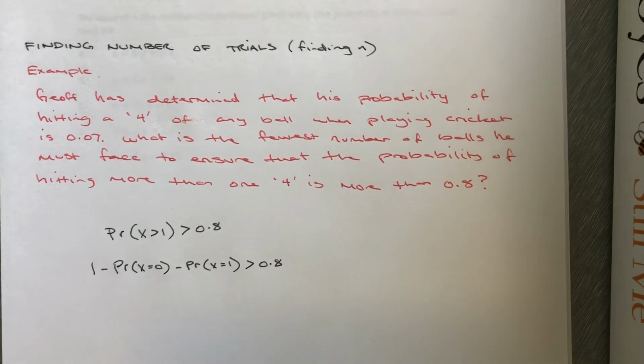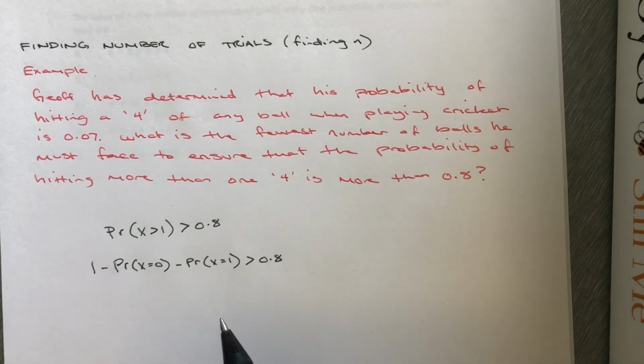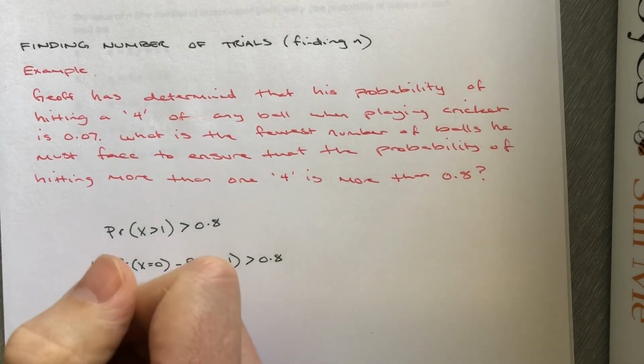Now you might have thought, we haven't been given an n value, that's fine because we're trying to find the n, but we haven't been given any x values either. These are the x values here. Now we can put all the numbers into the equation.